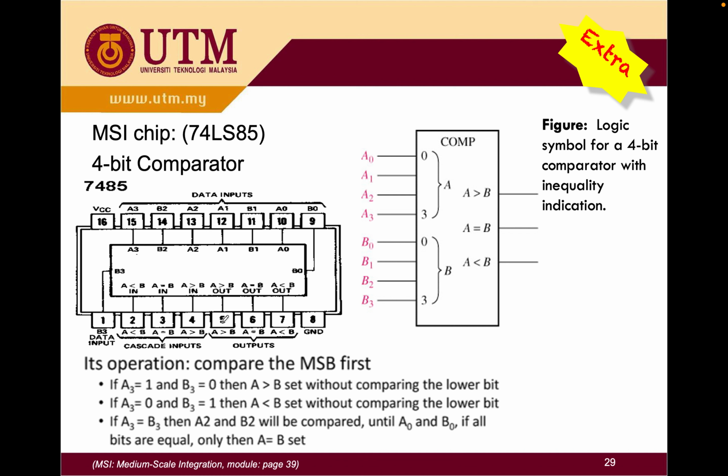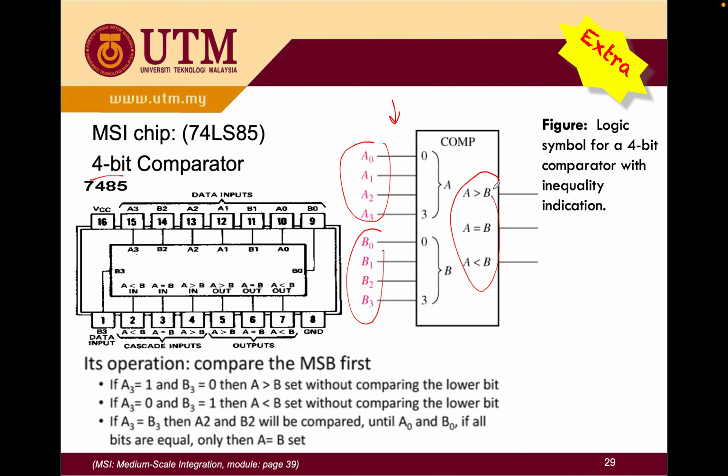Let's check here. You can see you have a 4-bit comparator. Of course, you're going to have 8 in total for the input side, which is 4 for the input A and another 4 for your input B, and 3 outputs.